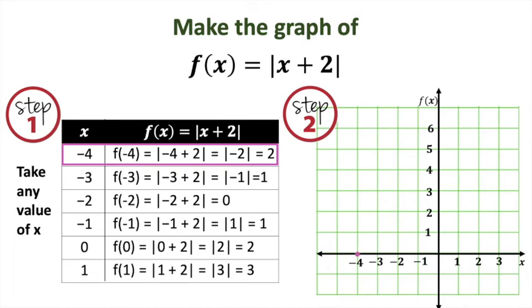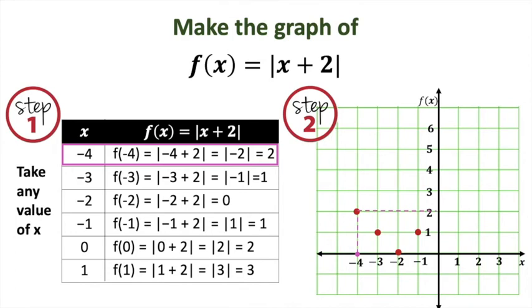put a dot here. Now, after this, go on to the next dot. When x is negative 3, f of x is 1. Make the dot here and then continue the process.